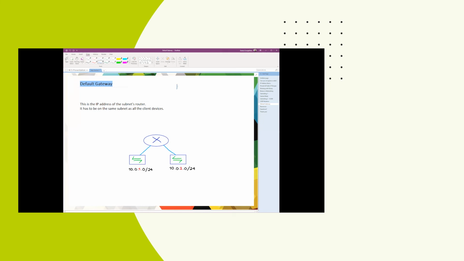The first piece of information it needs is an IPv4 address. Just to make sure, we're not going to touch any IPv6 in this webinar. It's all about IPv4. So your network card needs an IPv4 IP address.